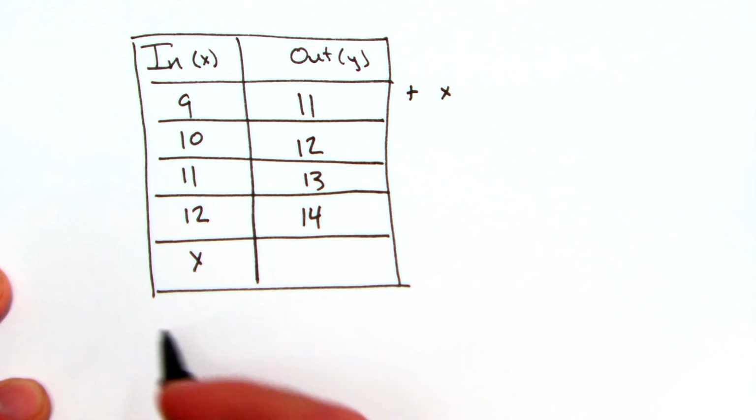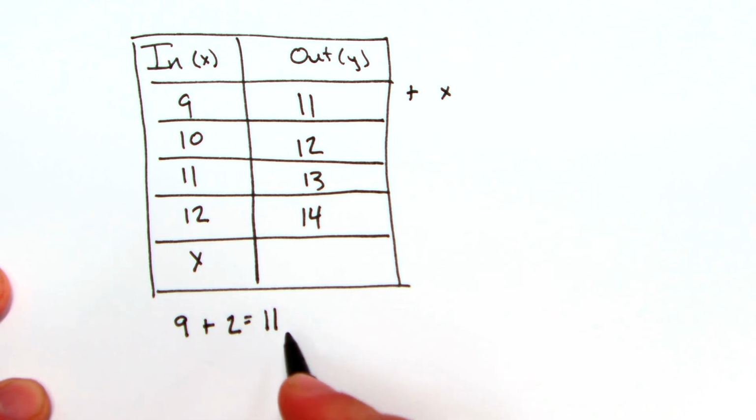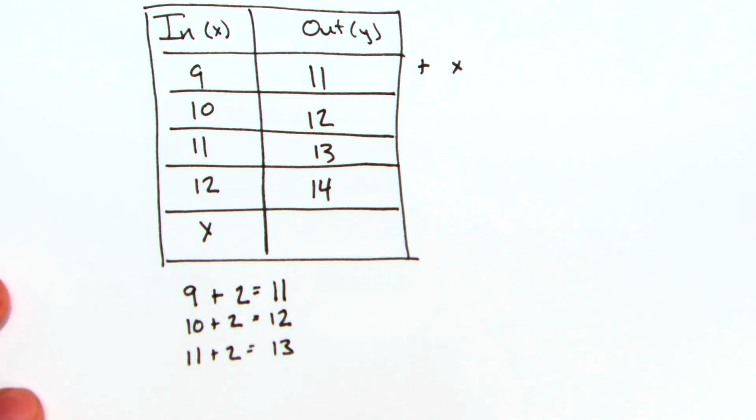Let's try addition first. So if I start with a 9, what do I add to get to 11? Be a 2. If I take my 10 and add 2, I get a 12. Ooh, that's what I want. Let's see if it works with 11. Alright, so it looks pretty consistent.